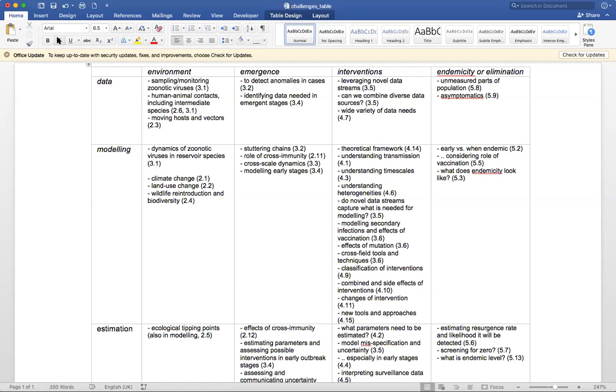It's ambiguous, isn't it? We haven't really, because a lot of the focus of the IDP has been on the pandemic, we've mostly been talking about microparasites.